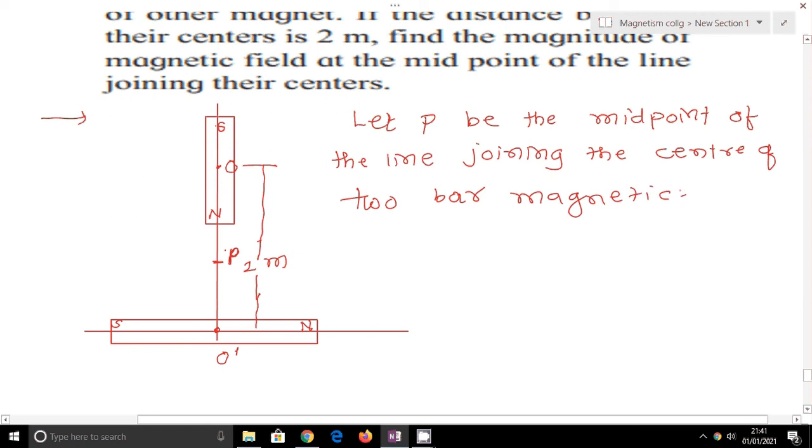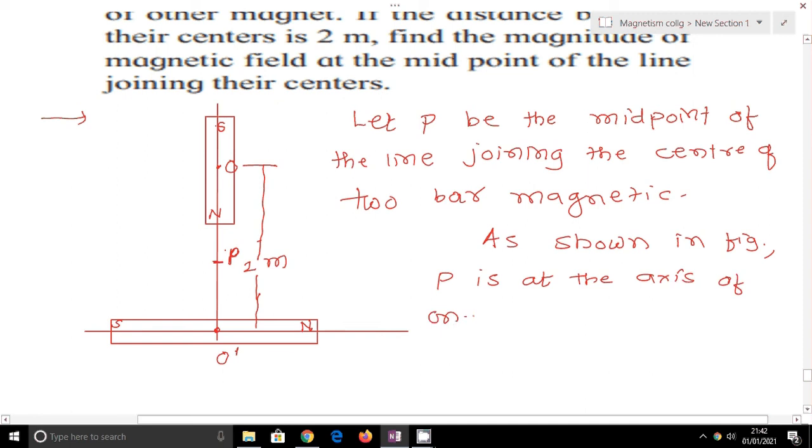Now, as shown in the figure, point P is at the axis of one bar magnet.